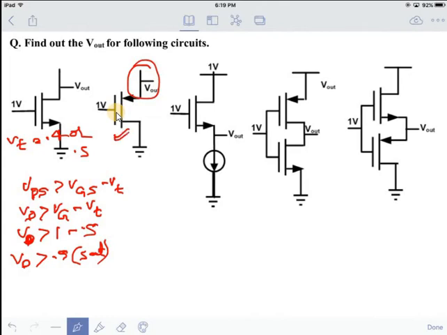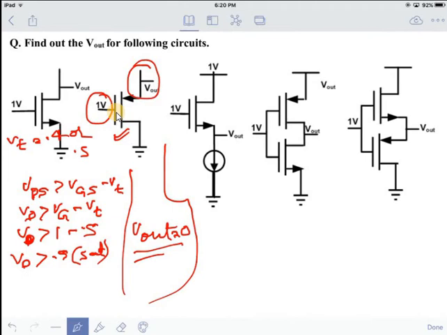This is a PMOS and if 1 volt is applied, intuitively we can give the answer that V out will be 0, because you know that PMOS works at lower than threshold voltage. So if the PMOS gate voltage is 1 volt, we can give the intuitive answer that V out will be 0.